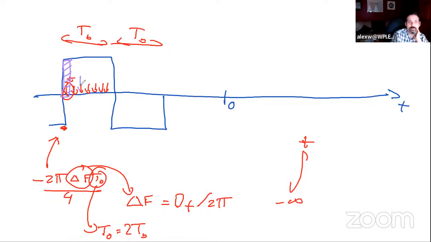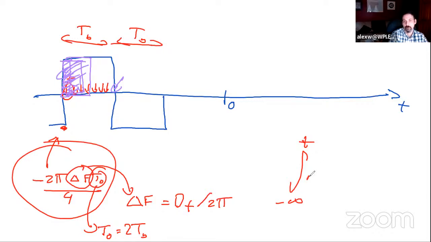If t is over to here, we get that area and that area. It progressively gets a bigger and bigger positive area until we traverse TB. This expression just accumulates, and adds to this negative value here.